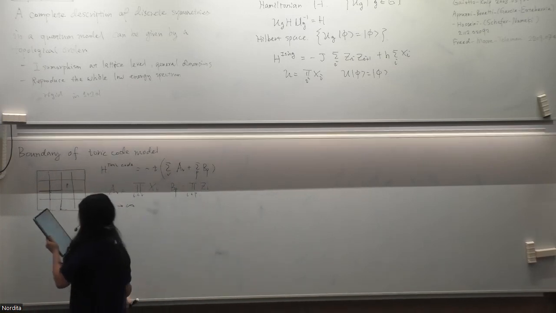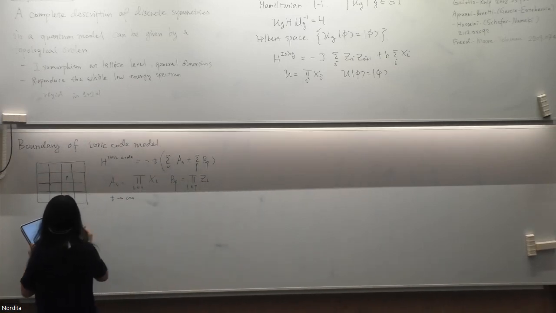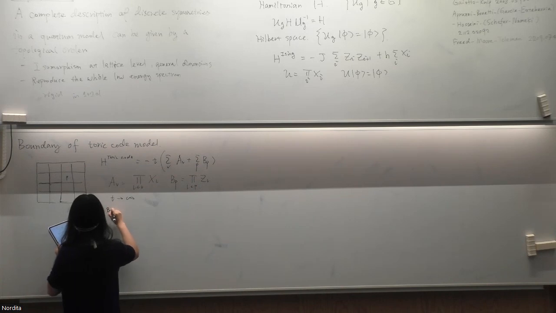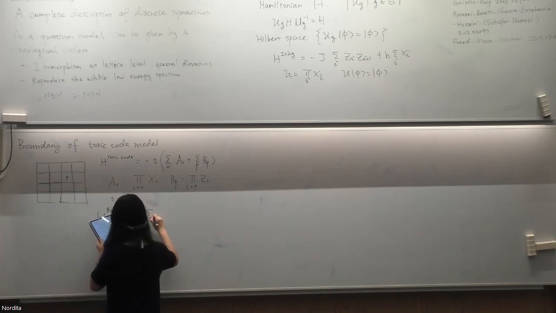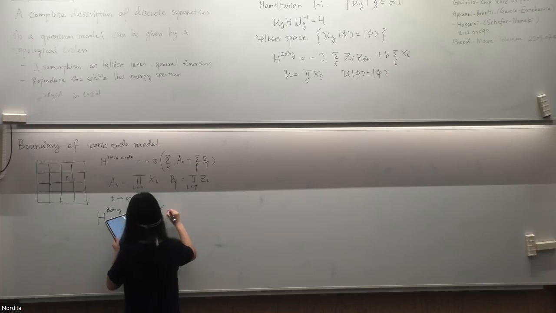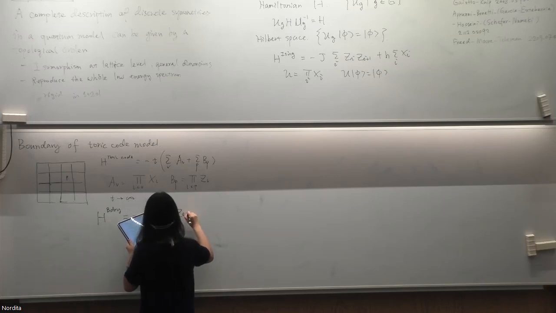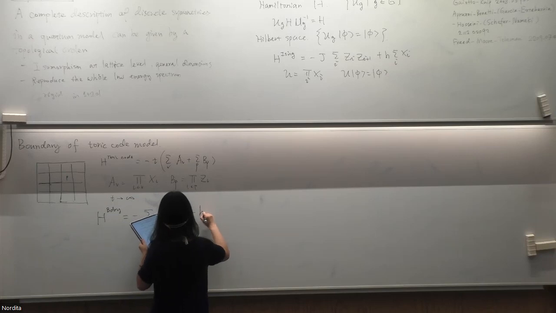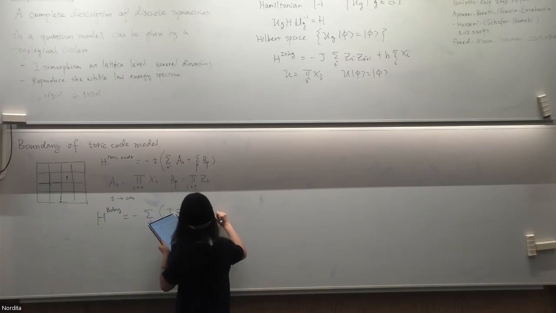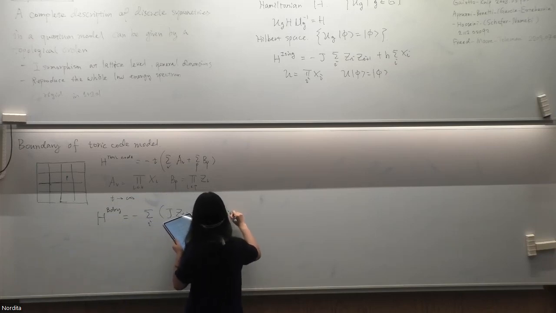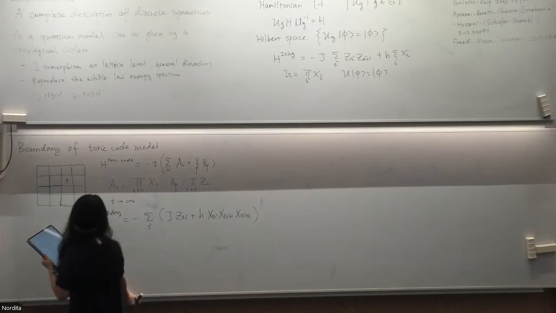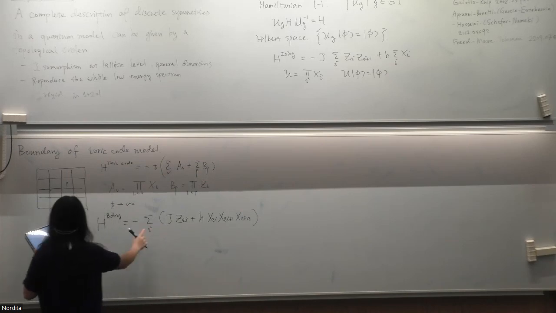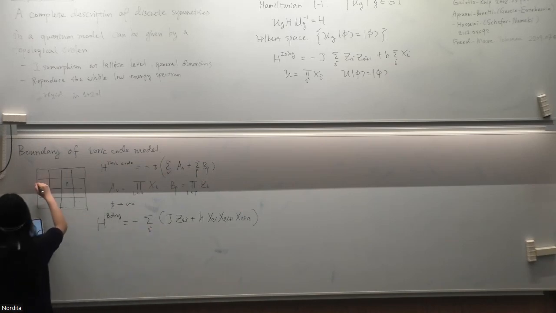And the boundary model is this one. So those label the links on the boundary.